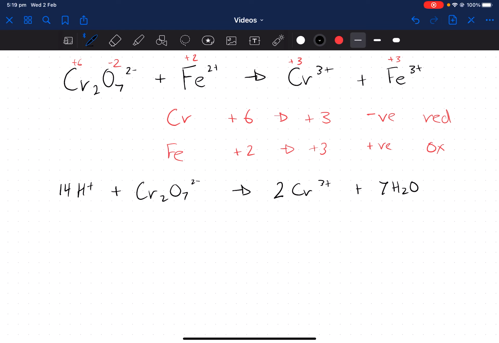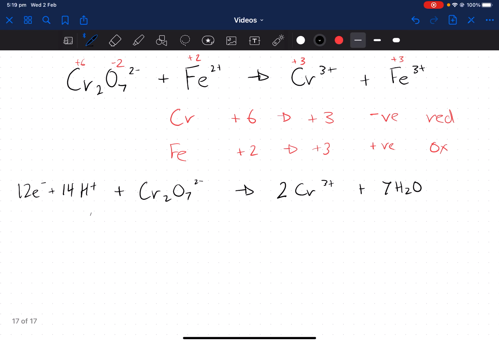And then we have finally our electrons. So we've got 14 positives. So 14 minus 2 equals 12. So we need 12 electrons. Oh, sorry, I take that back.